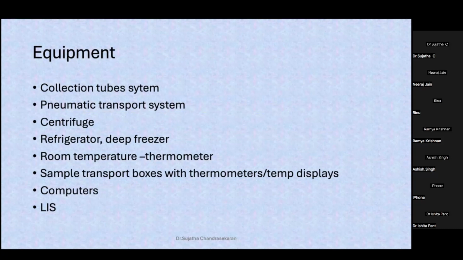The manufacturer recommends them as a unit, and that is a collection tube system as a single device. Second, the pneumatic transport system. I'm yet to see a lab, or maybe hardly a handful of labs, consider the pneumatic transport system as equipment and do the validations. So that is the second.